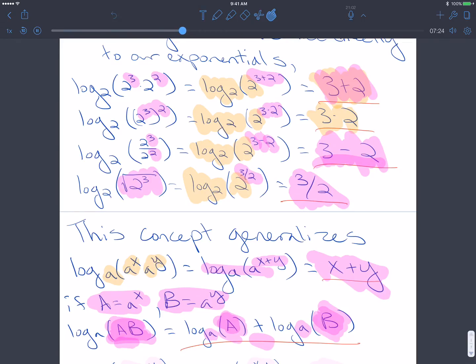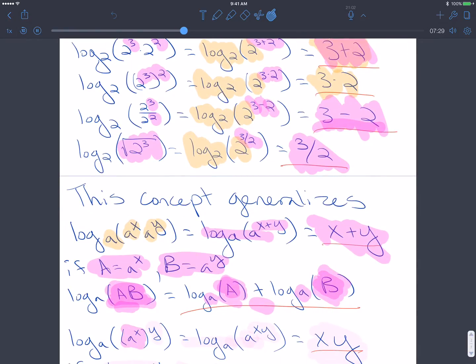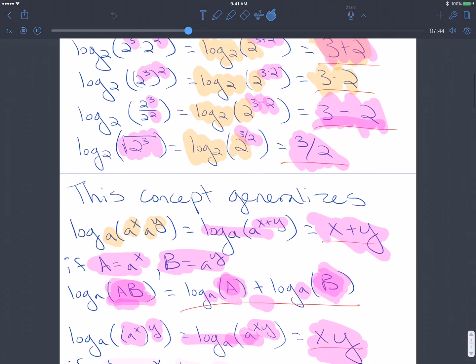We can also do this for exponents. So remember, right, a to the x raised to the y gets me a to the x times y, and if I take a log base a of a to the x times y, then again, these cancel each other out, leaving me with just the exponent x times y. And so in this case, an exponent becomes a multiple.